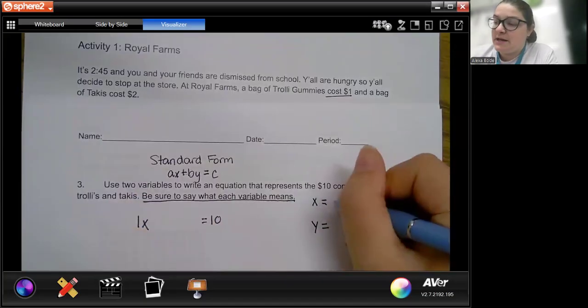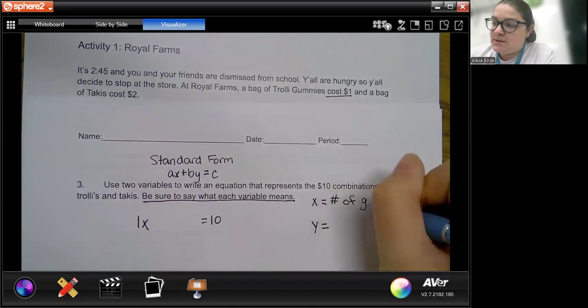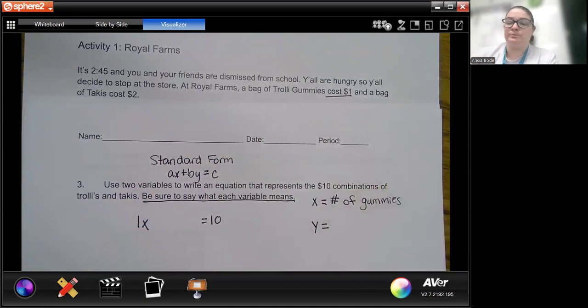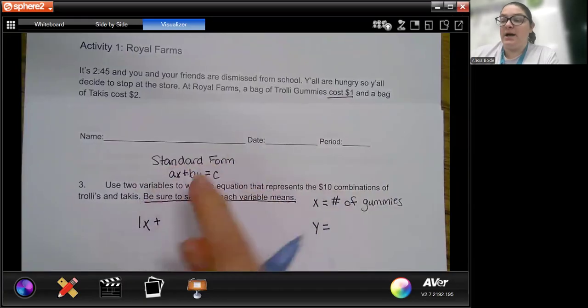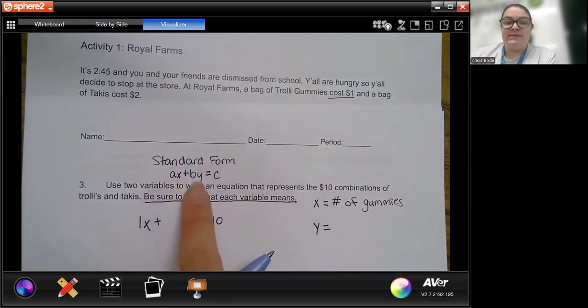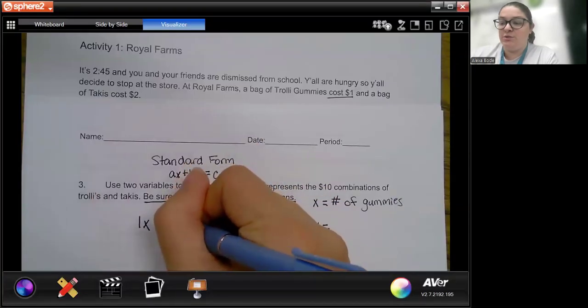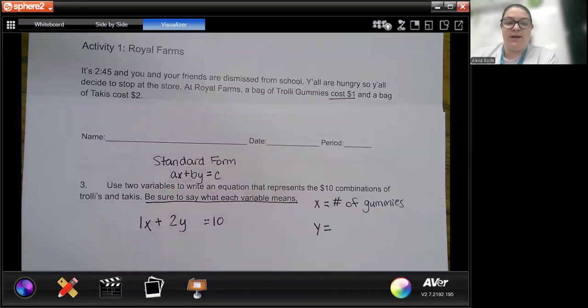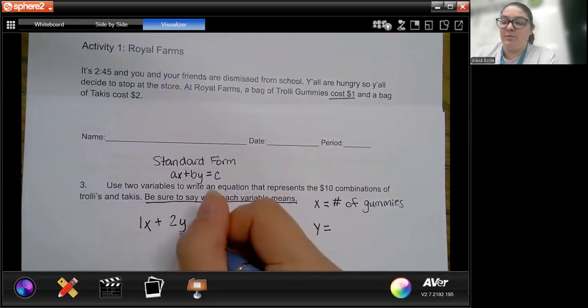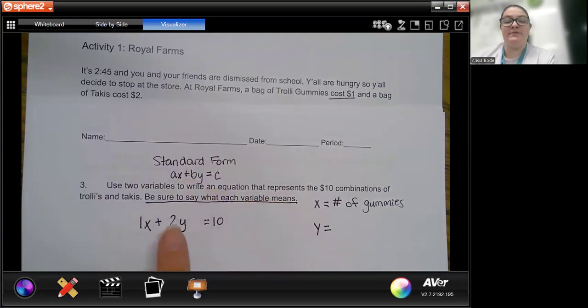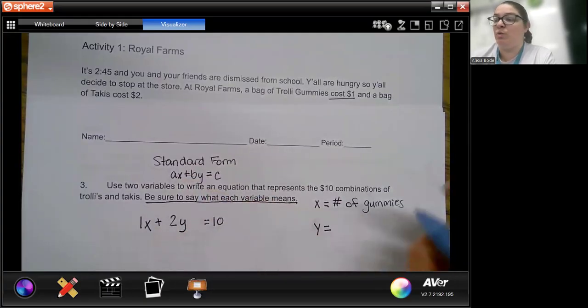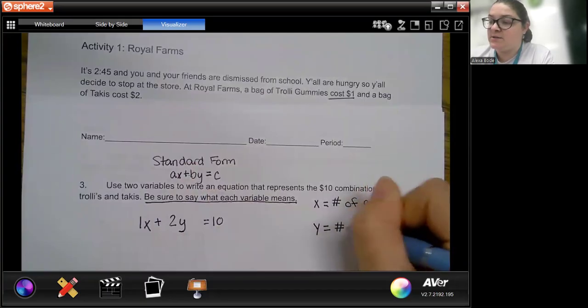So X is the number of gummies, plus my second unit rate, $2 per bag of Takis, would be 2 times Y. And again, on the front, we were doing the number of Takis times 2. So Y is the number of Takis.